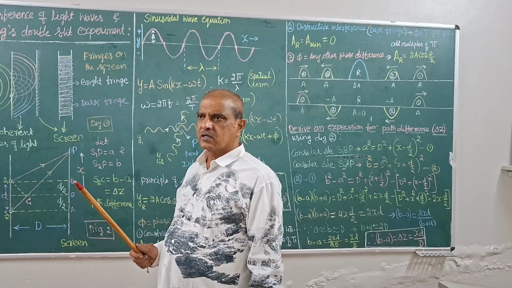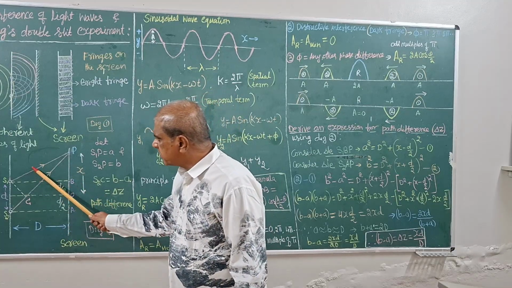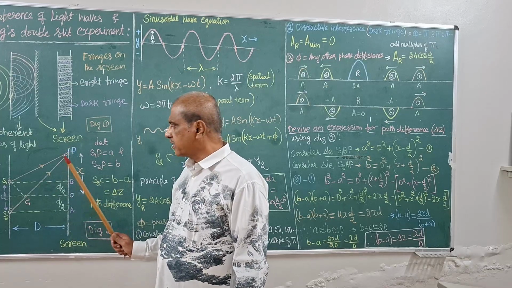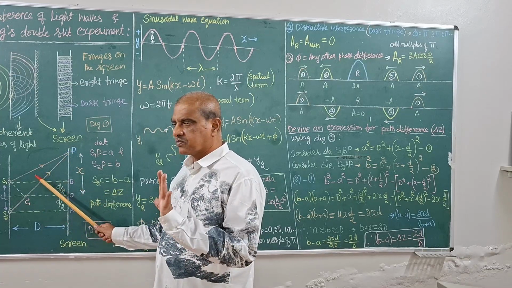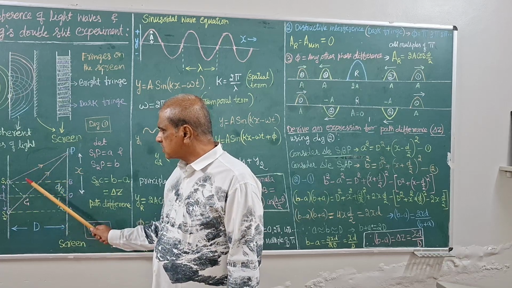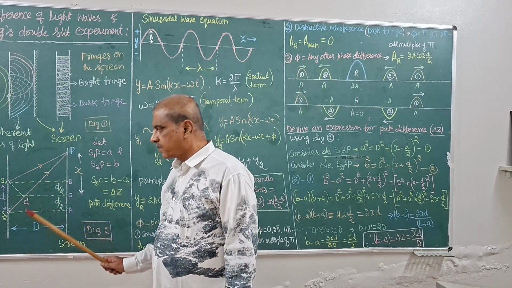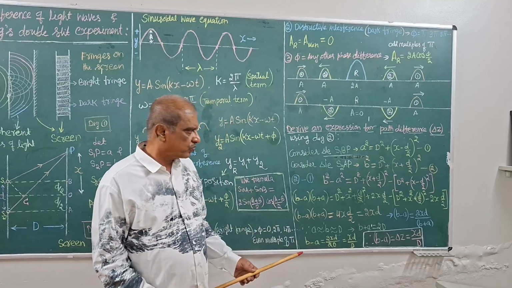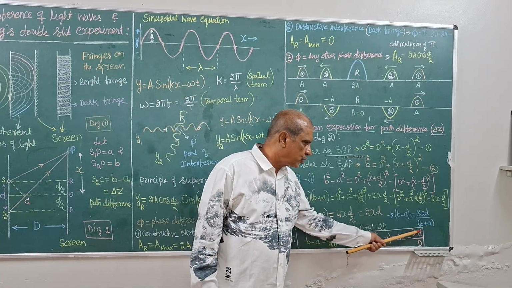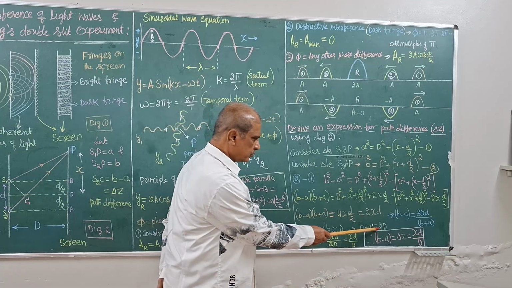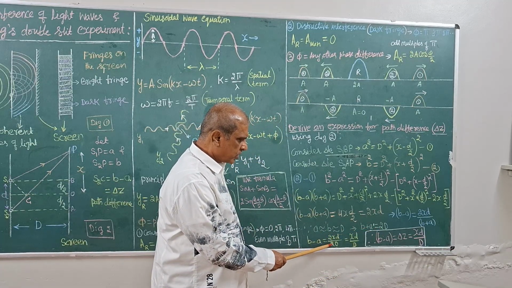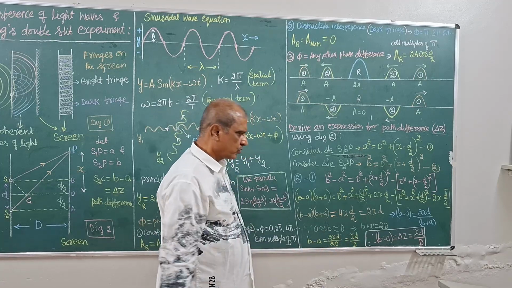If that is the case, we can approximate them as equal. So in reality we can make this approximation: this length equals this length equals this length. B equals D, A equals D, so the denominator becomes 2D. Simplify, the 2 cancels, giving xd by D.